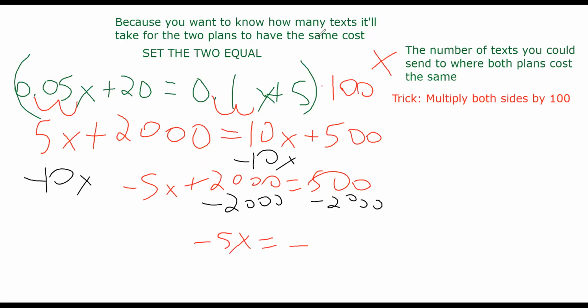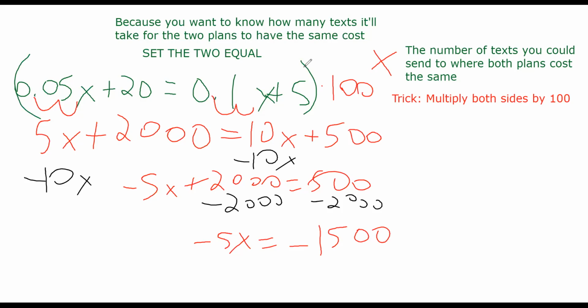Clearly we'll go negative. And then 2,000 minus 500 is 1,500. So negative 5x equals negative 1,500. That's good because that means that x is going to be a positive number, which is what we expect. You can't send negative 25 text messages. That's silly.